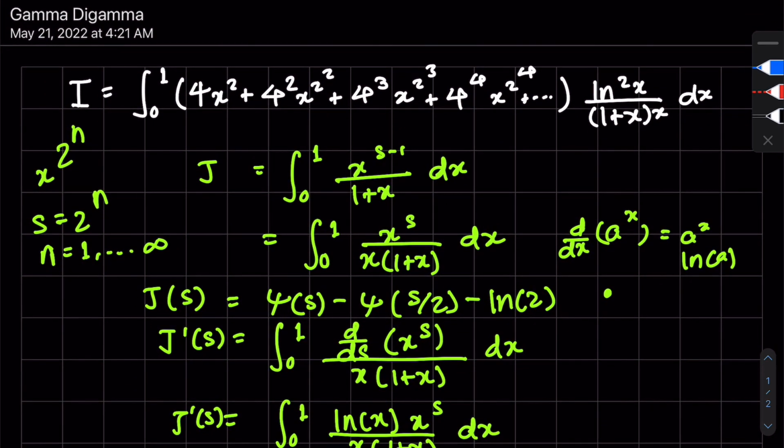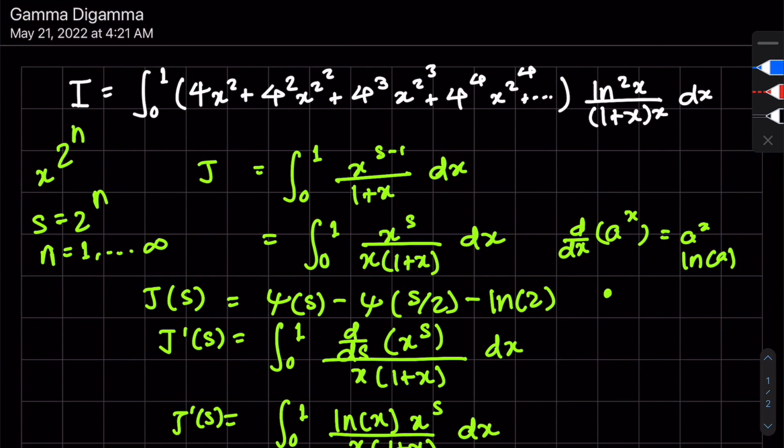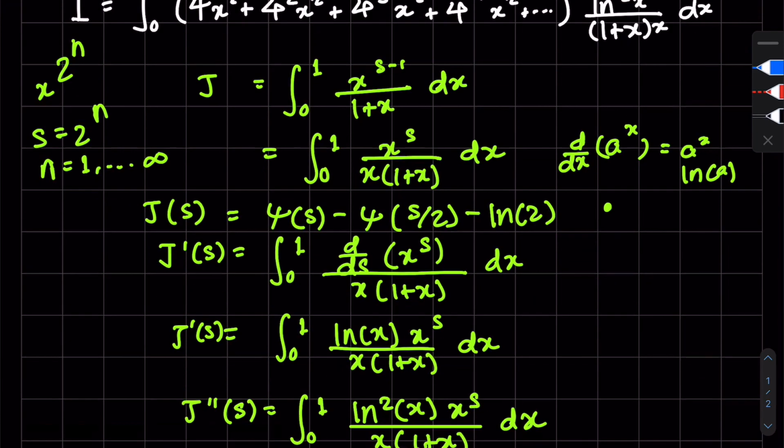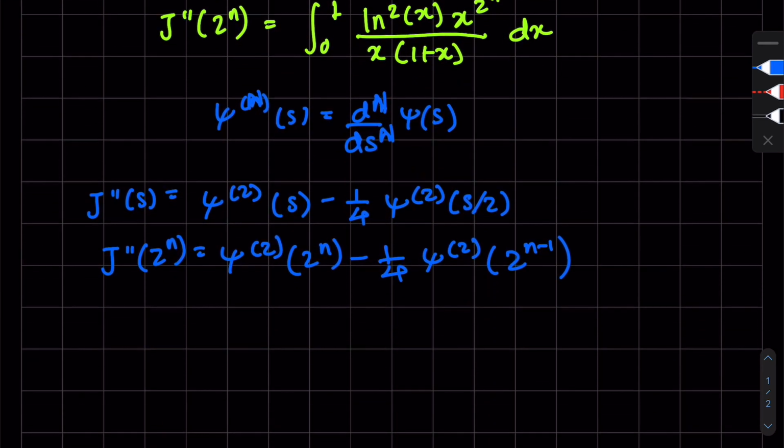What we did not fix was these corresponding powers of 4. They're also rising. If you notice, we have 2 to the n for the power of x, and that n corresponds to also the power of 4. If we're going to sum, we need to match those things together. So we need a 4 to the n. We need to multiply everything by 4 to the n.